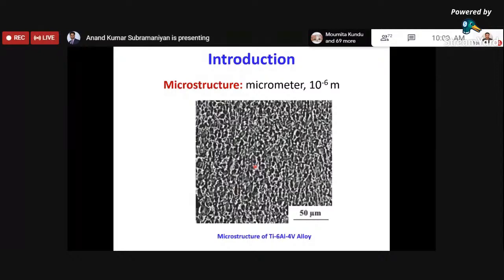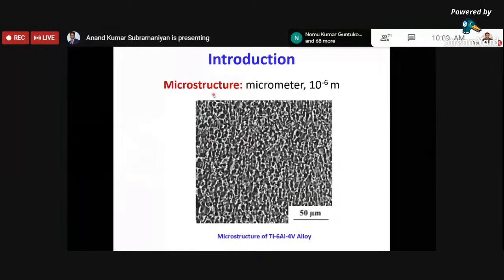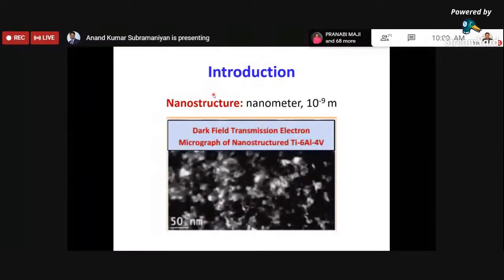And then one can do different types of analysis, like understanding the grain size, and the phase analysis, and so on and so forth, right? That kind of detailed analysis can be done when we move from macro structure to microstructure. And now coming to the nanostructure, which can typically be seen by using transmission electron microscopy.